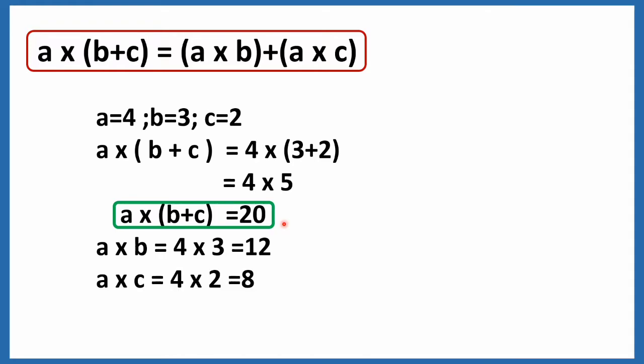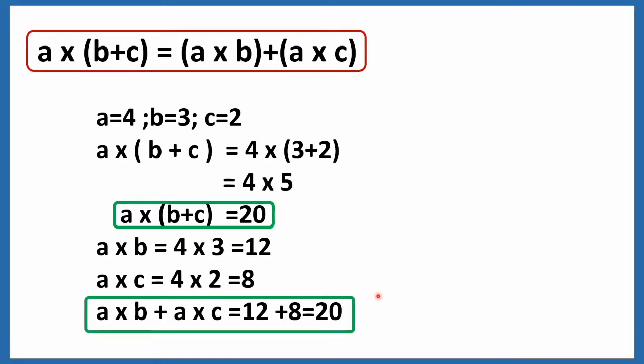Then A into C, 4 2s are 8. We have to add these two numbers, we get 20. Both left hand side and right hand side, we get the same answer. So the property is verified. This is the distributive property on numbers which we studied earlier. I think you understand clearly.